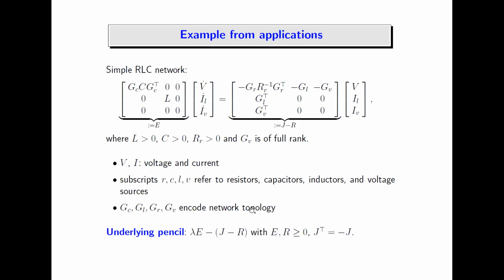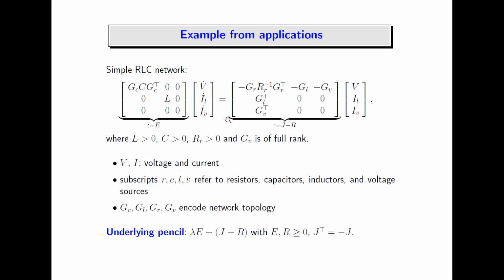Okay, so here is one example from applications. There are numerous applications where these port Hamiltonian systems occur. So for example, in circuits, this is the case. And I don't want to go through the details here, just to show you that this is really common in applications, and that actually we can have these matrices really not positive definite, but positive semi-definite.